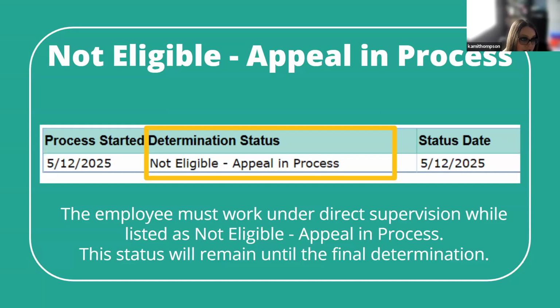This status will remain until there's a final determination. So if they go through an appeal or reconsideration process, it'll still remain as appeal in process until that final decision is made of either they're not eligible or they are eligible. Next slide.